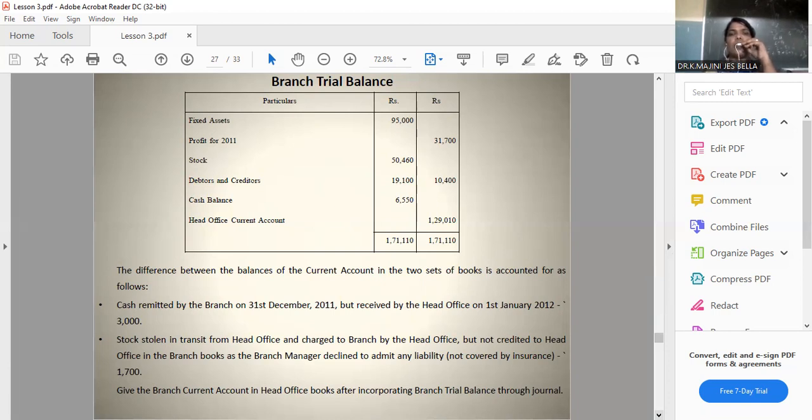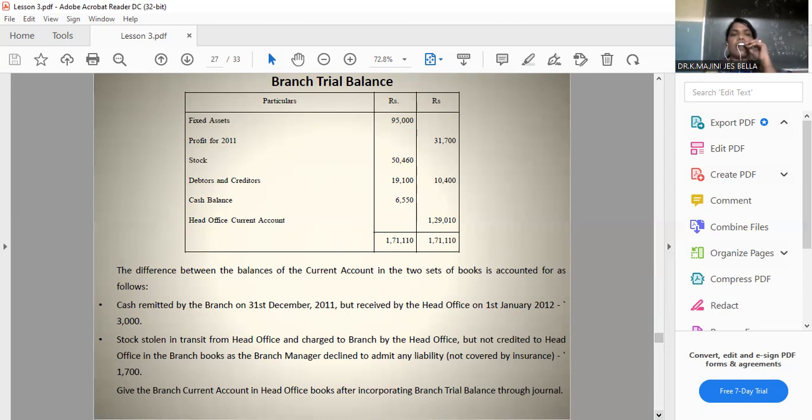The difference between the balances of the current account in the two sets of books is accounted for as follows. Cash remitted by the branch on 31st December 2011 but received by the head office on 1st January 2012, 3,000.